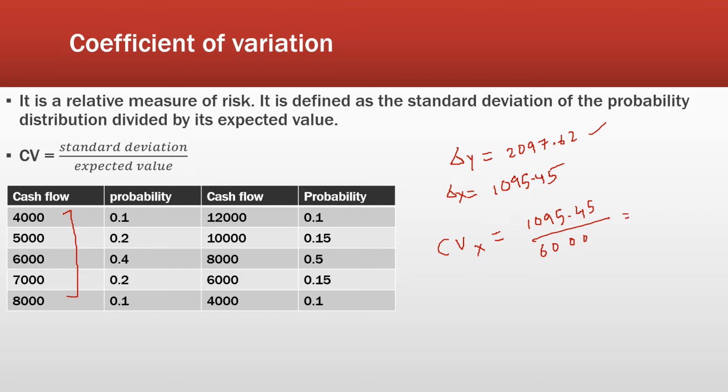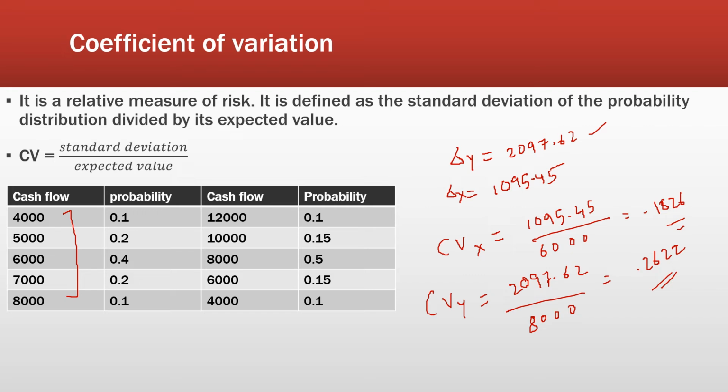So we get an approximate value of 0.1826. Again, the coefficient of variation of Y is given by 2097.62 divided by 8000. So we get the value of 0.2622. So these are the different coefficient of variation values.